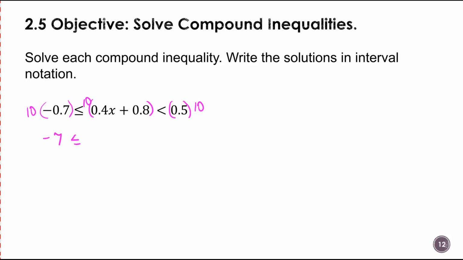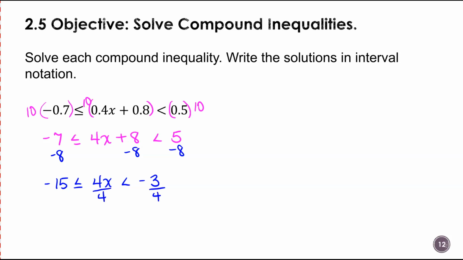You just move your decimal 1 place to the right. 4x plus 8 is less than 5. And then we solve, so subtract 8 on all 3 parts. -15 is less than or equal to 4x, and that's less than -3.